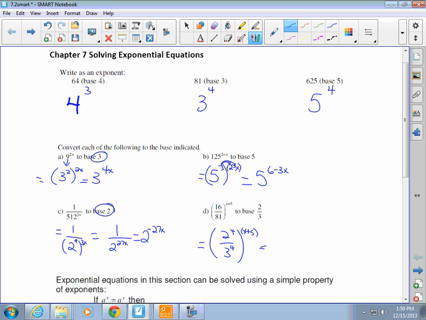Using our power rules, this would be 2 to the power of 4 times x plus 5, so 4x plus 20. This power applies to the top and it applies to the bottom, so you have to remember to simplify it that way. So this becomes 3 to the power of 4x plus 20 on the bottom.